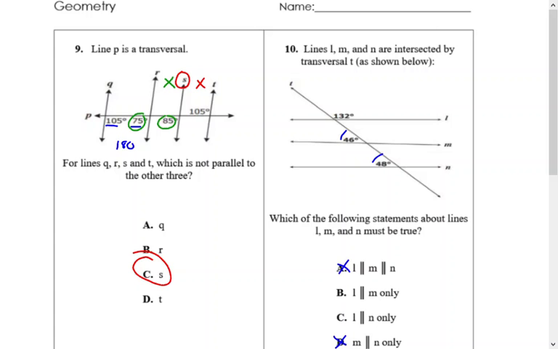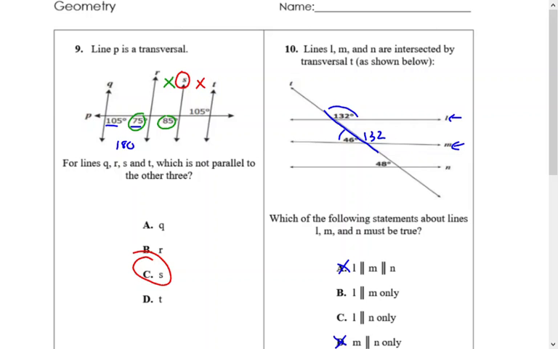So now we're going to focus on answer choices B and C. Are L and M parallel? So we're looking at these two here. If we look at our transversal here, we would be looking at angles that should add up to 180. 132 would come here to be corresponding, and then we'll do 46 and 132 add up to 180.